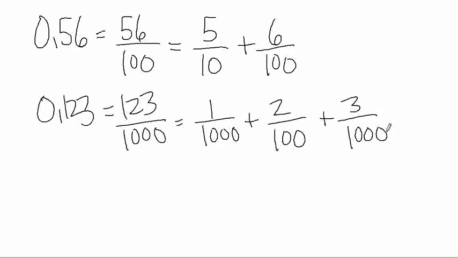So once again, the 1 in 0.123 is the tenth number. The 2 is the hundredths number. And for this example, 3 is the thousandths number, because 3 over 1,000 is referred to as 3 thousandths.